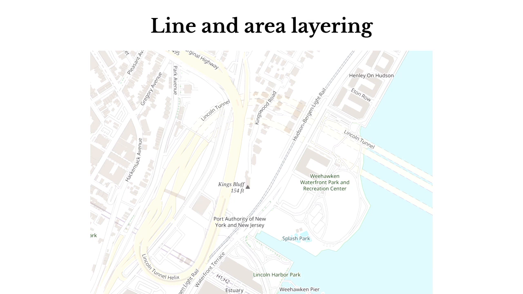That would be 100 different layers in your MapLibre style on a traditional map. But since there's only lines and areas here, you could do the same thing with only 20 different layers and have a huge efficiency improvement.